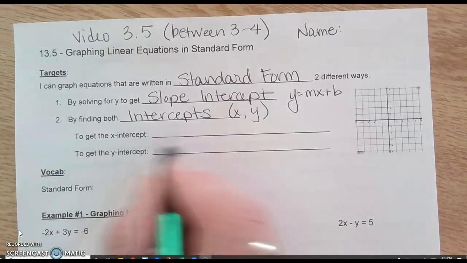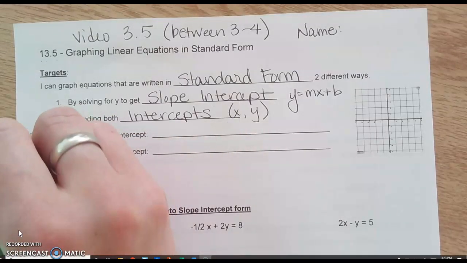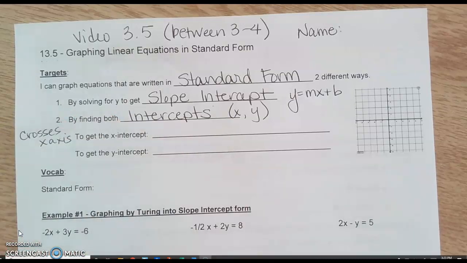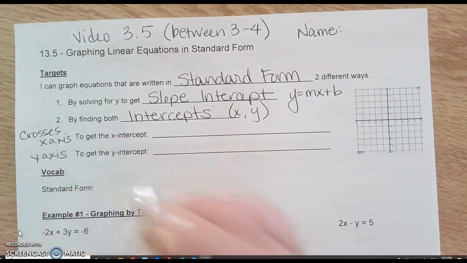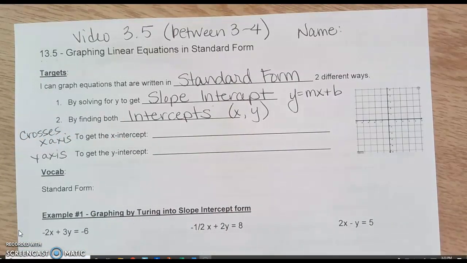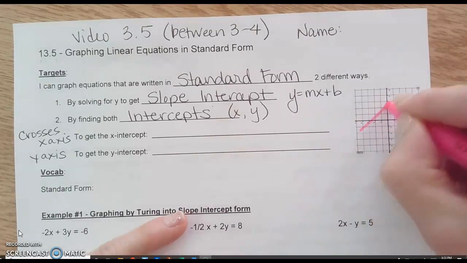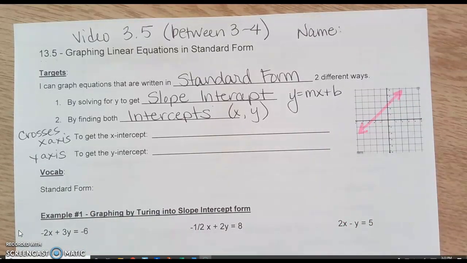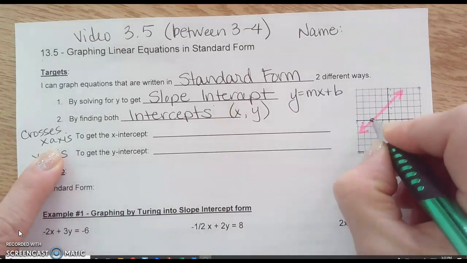So when we're looking for the intercepts, the x-intercept is where it crosses the x-axis, and the y-intercept is where it crosses the y-axis, right? Okay, so the x-intercept, I'm going to draw an example here on my graph, just a random line. Let's say that's my equation, okay? So the x-intercept, where it crosses the x-axis, is right here.